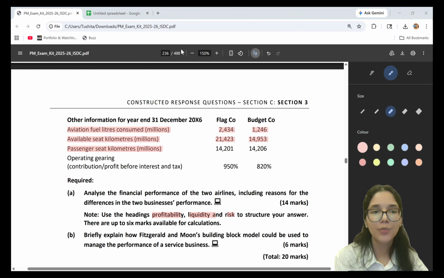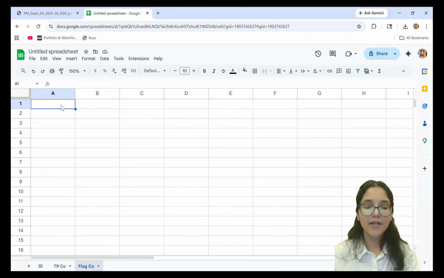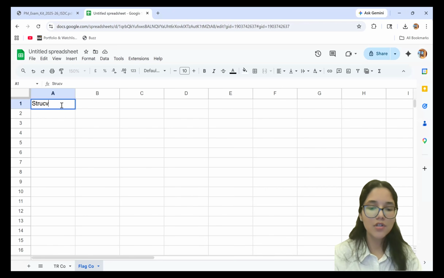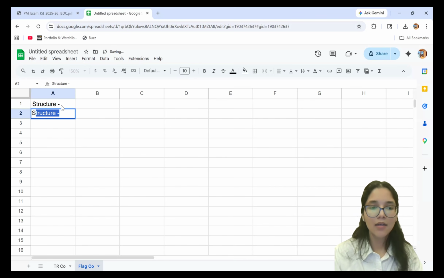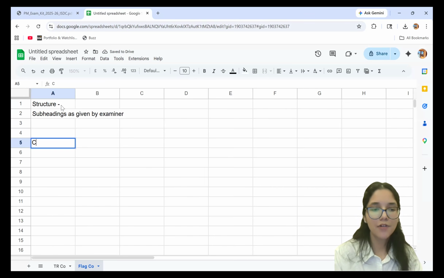I'll note this down for you as well. Firstly, broadly, I will go subheading wise, subheadings as given by the examiner. Then under those subheadings, first I'll do my calculations.